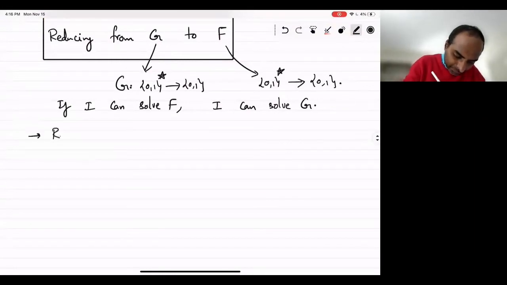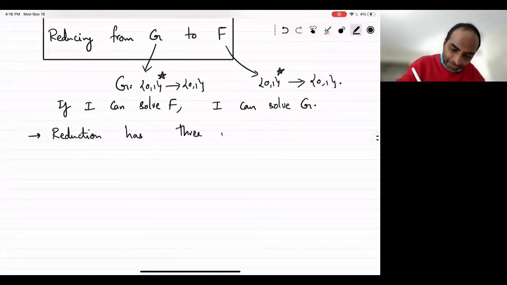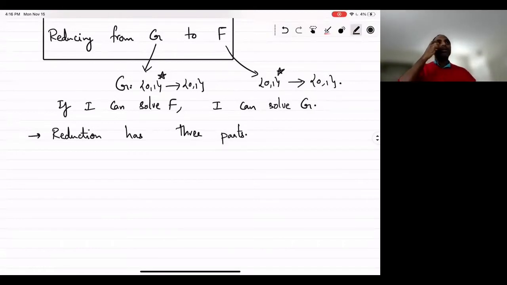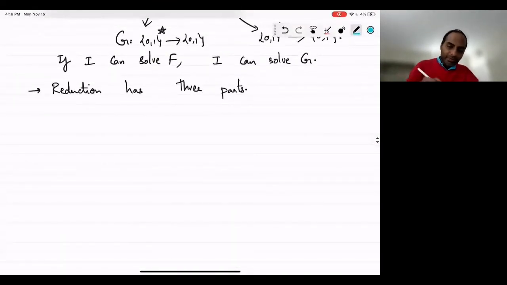So the reduction will have three parts. There is a mechanical way to think about this. We can think of the reduction as having three parts, each of which is very important.